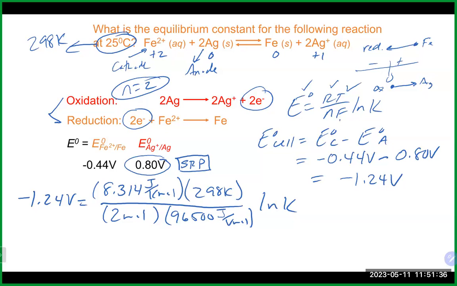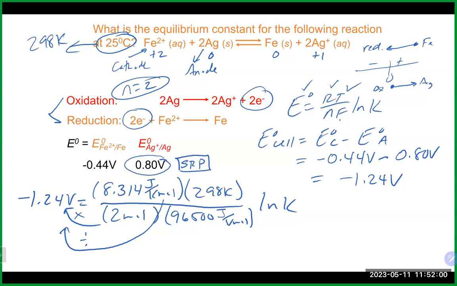So really to solve this at this point, we're going to basically multiply everything that's on the bottom to the other side. And once we're done with that, I'm going to come back and divide by whatever's on the top. So if I do all that there, I'm going to take negative 1.24 times 2 times 96,500.